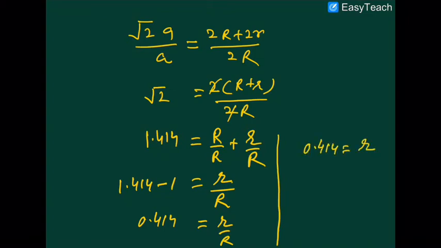0.414 is the radius of the void divided by the radius of the atoms surrounding that void.